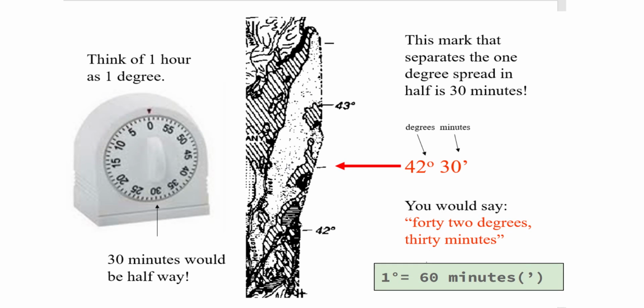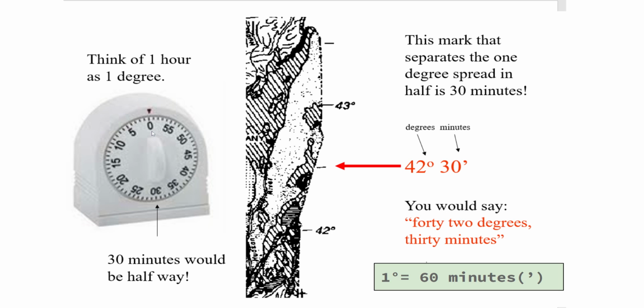But if we want to break that down even smaller to figure out a location, say over here, we actually use a unit called minutes. I know you've heard of minutes in terms of time, but we use a different type of minutes for latitude and longitude to break it down even further, right? Even smaller. And this is the symbol for minutes, kind of like a small apostrophe on top, okay?